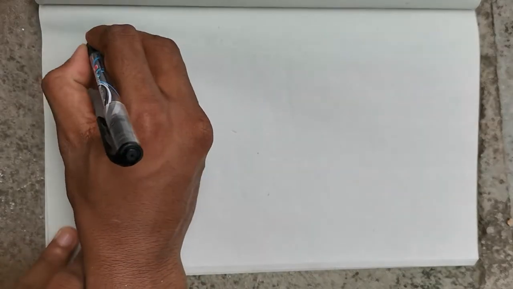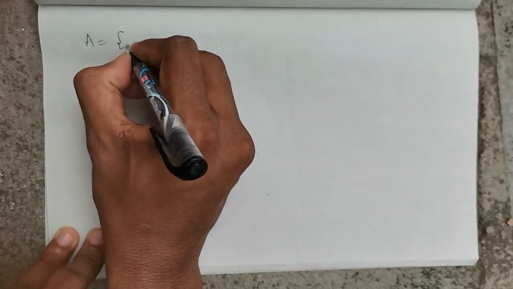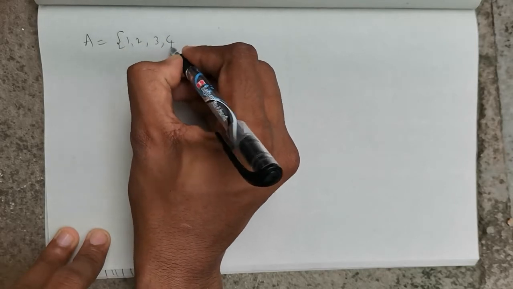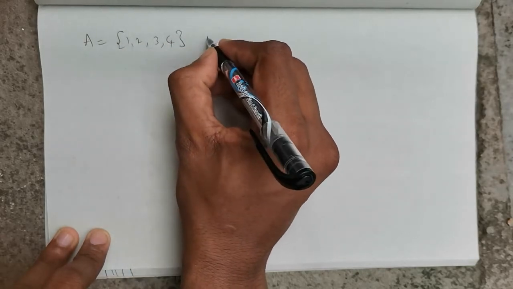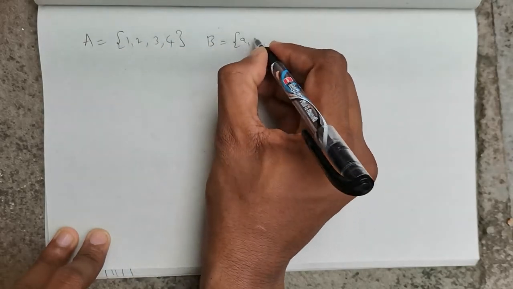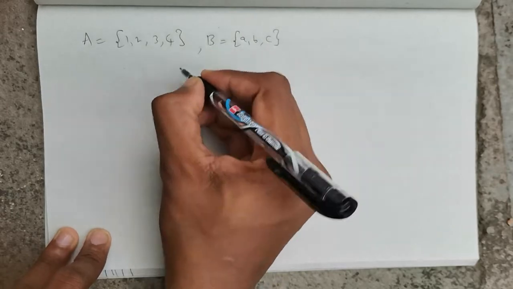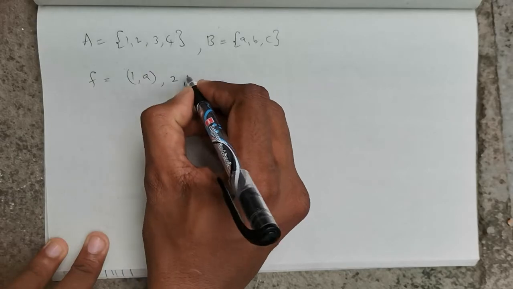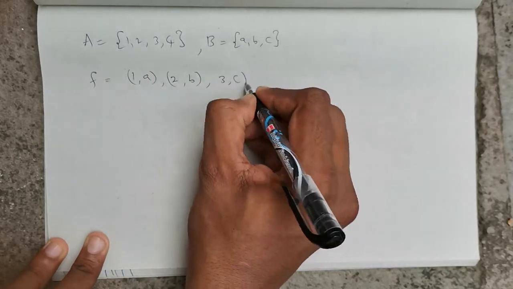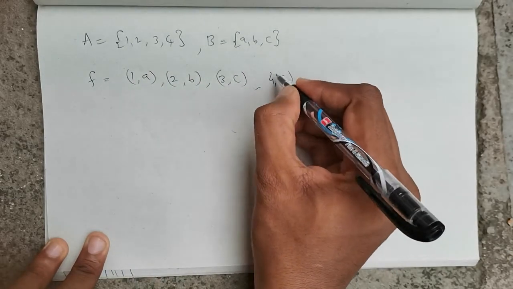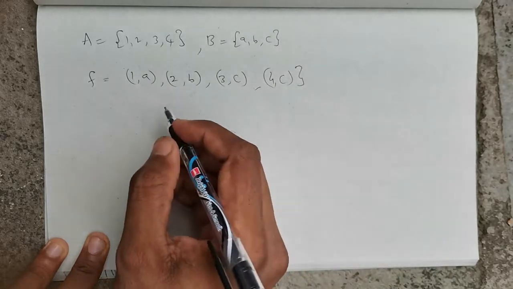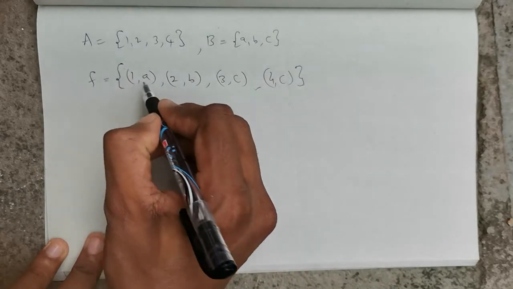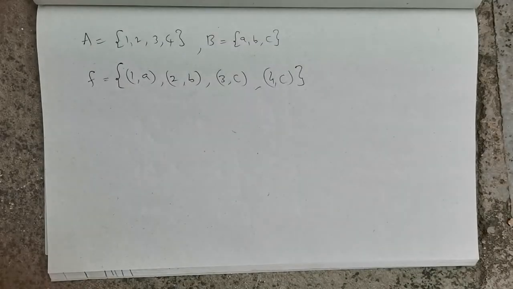Okay, now let us discuss the problems from the textbook. Set A is given as 1, 2, 3, 4, and set B is equals to A, B, C. And he gave one function f is equals to 1, A, 2, B, 3, C, and 4, C. Let us check whether it is a surjection or onto function or not.